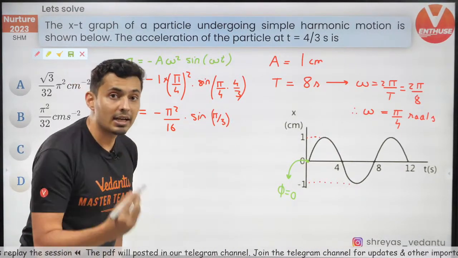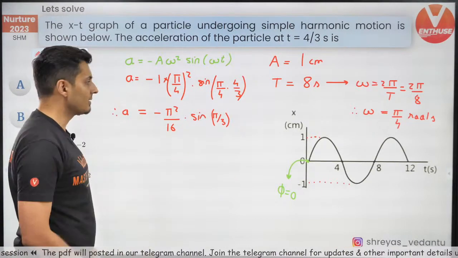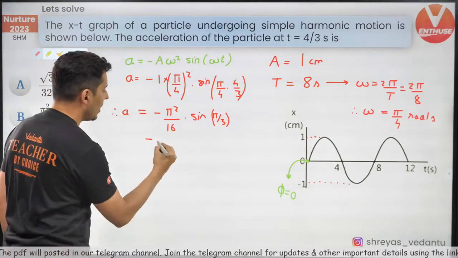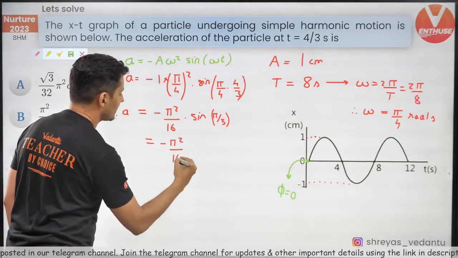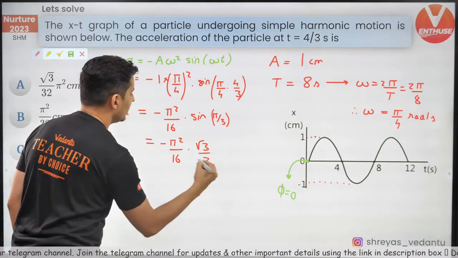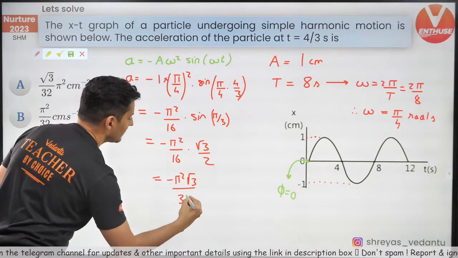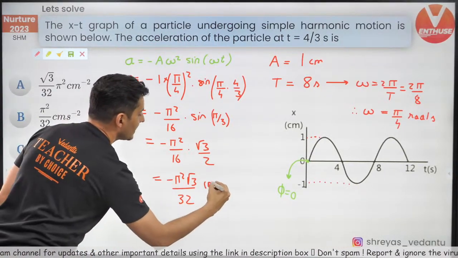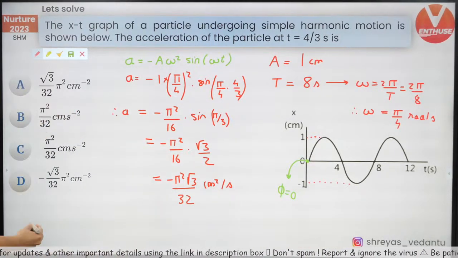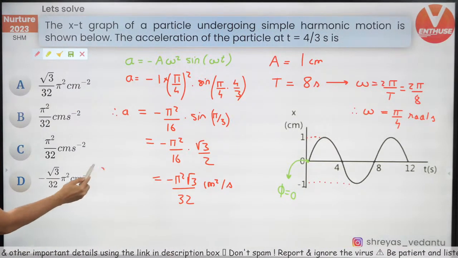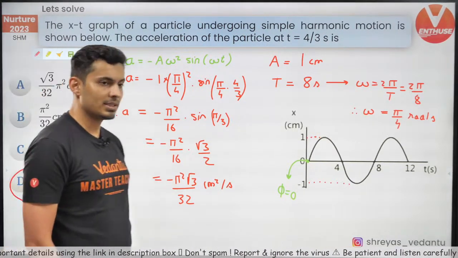Pi by 3 radians is 60 degrees. Sine of 60. How much is sine of 60? Come on, my warriors. Sine 60 is root 3 by 2. So hence it will become minus pi square root 3 by 32. That will be everything in centimeters square per second. And I think we have it somewhere over here. Is it option D? Check this out.